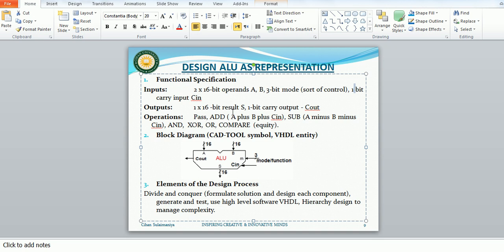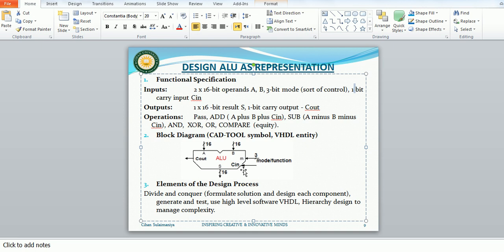So for designing, when you add two numbers, you do need two inputs and a 3-bit mode function. This is because you want to count two numbers from 0 to 7 in this case, and you do need an input as a cin.